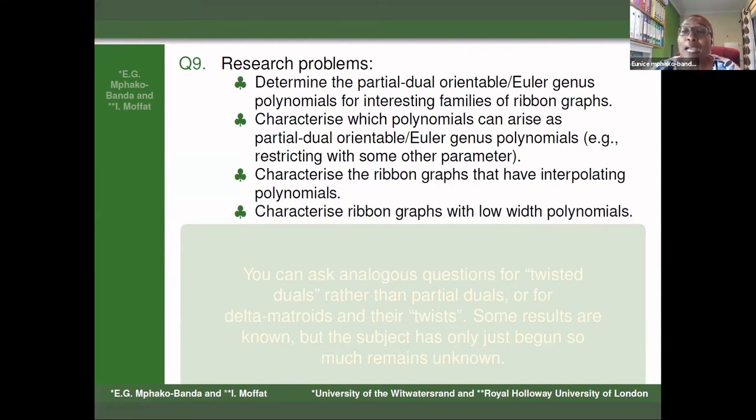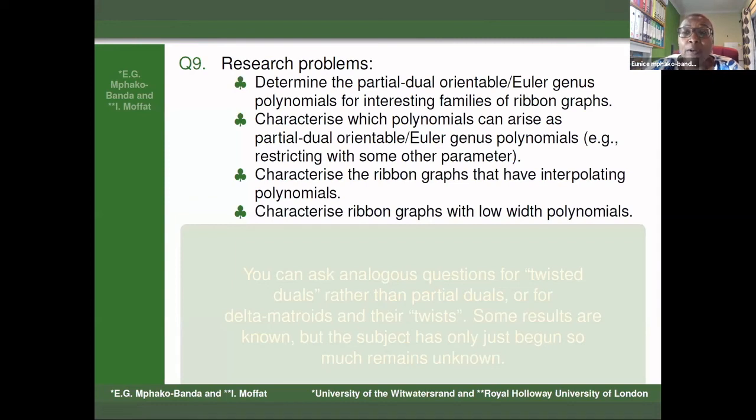So you can ask a lot of questions once you understand what is happening in the field. Then you should be able to ask questions on these ribbon graphs, and even on these polynomials.